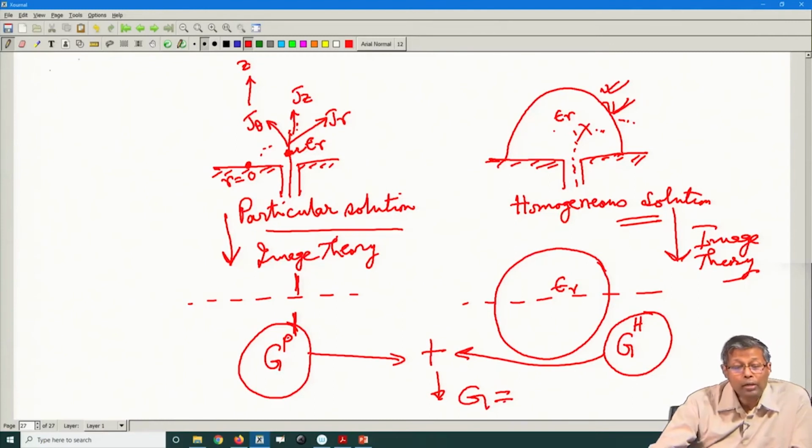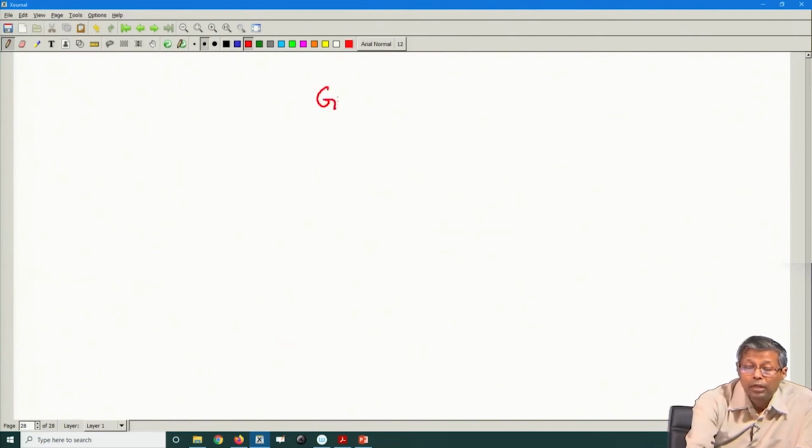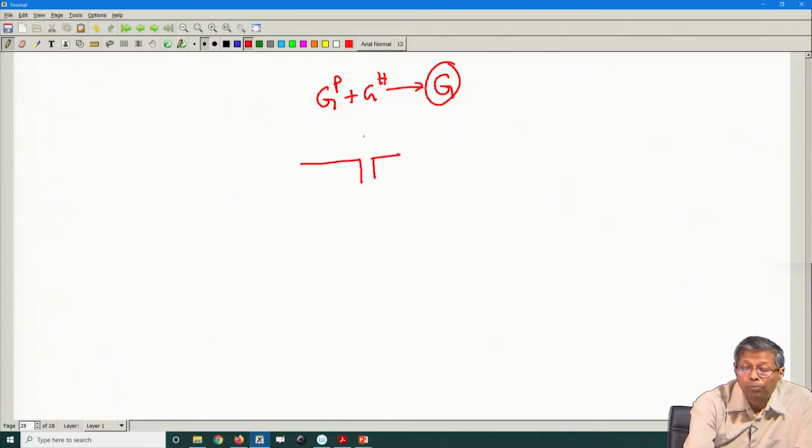In order to find out the current on this probe, I have to find GP and GH, add the two, find the total Green's function and apply the Pocklington's integral over the probe, and that is E incident on the probe plus E scattered, which is the Green's function times Jz, because the current on the probe is along the z direction.